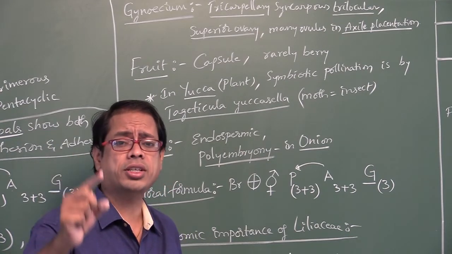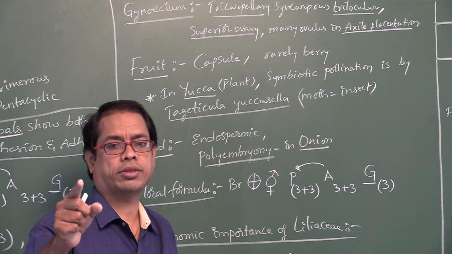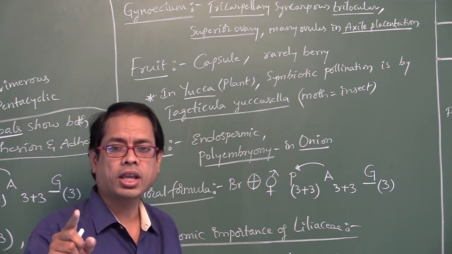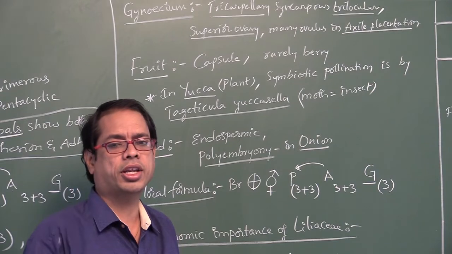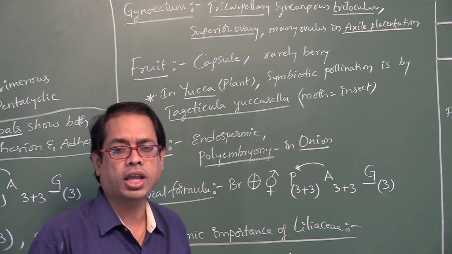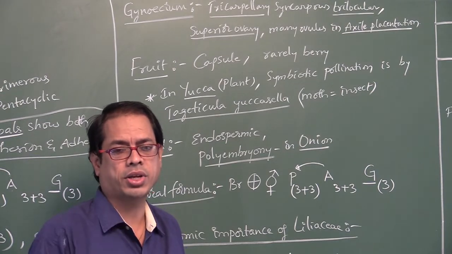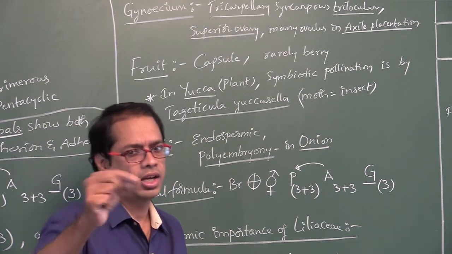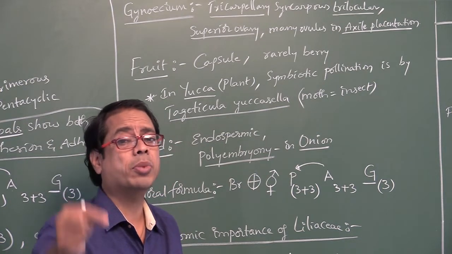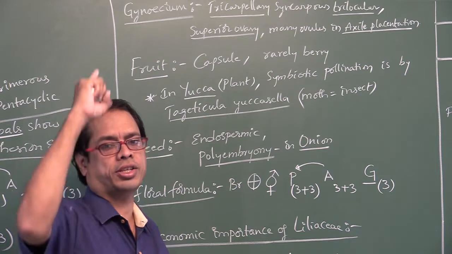Swollen axial placentation is found in Solanaceae, whereas in Fabaceae marginal placentation is present.